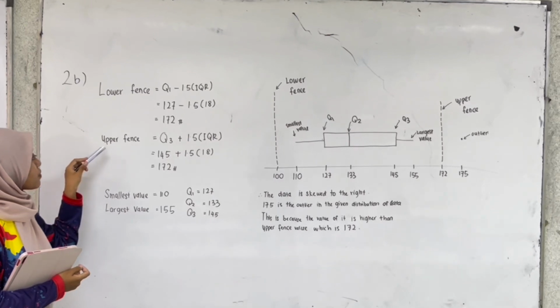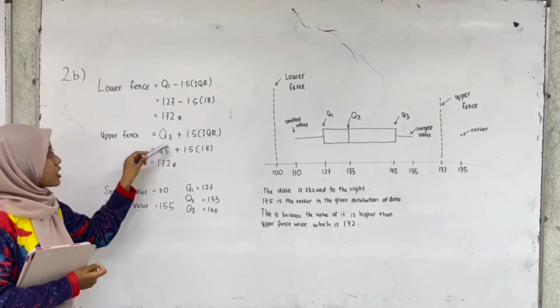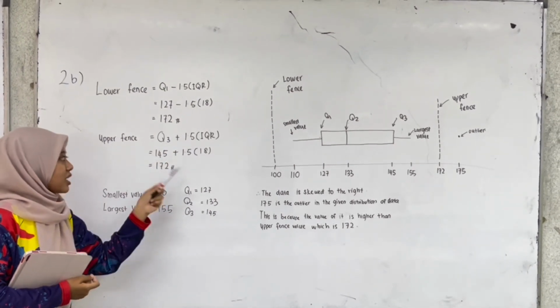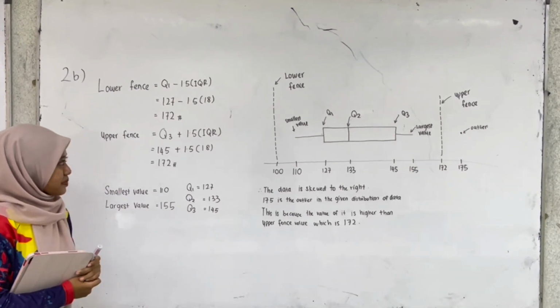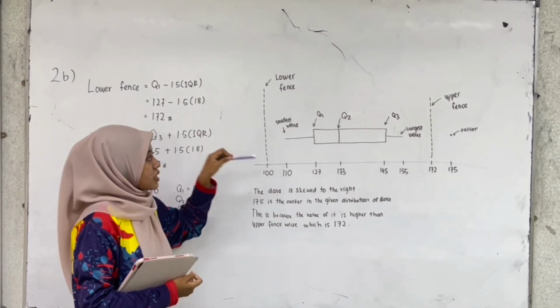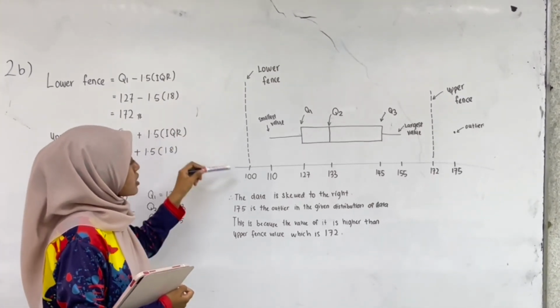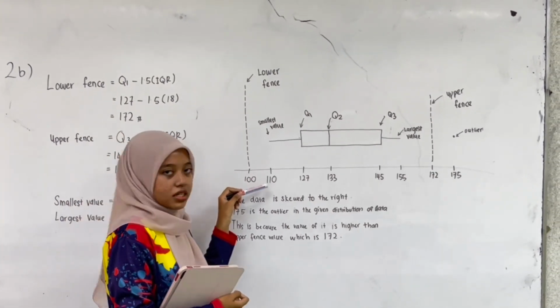Second, we need to find the upper fence, which uses this formula: Q3 plus 1.5 IQR. Then we got this answer. Then in this box, we have the lower fence, which is 100, and then the smallest value is 110.